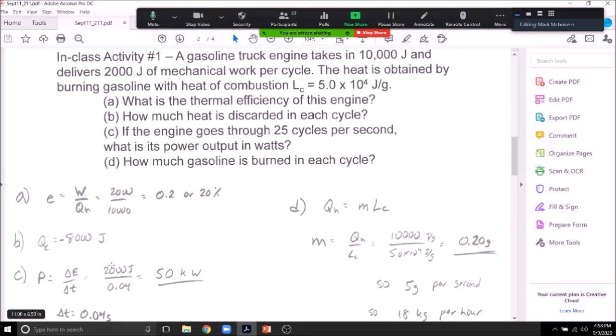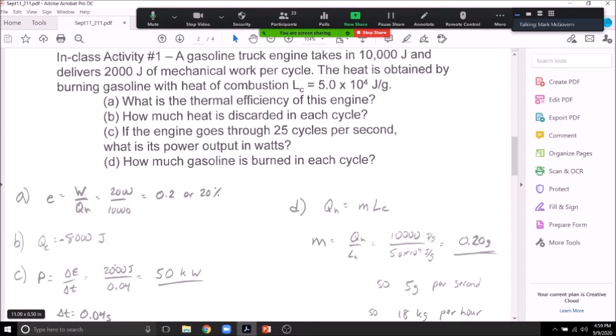So we do 2,000 over 0.04 seconds, we get 50,000 watts. The other way you could have done this is simply multiply the 2,000 by 25. That would work too. If each cycle is 2,000, 25 times 2,000 is 50,000. That works too.